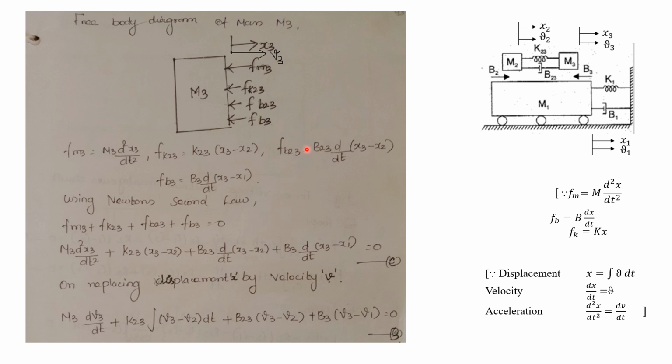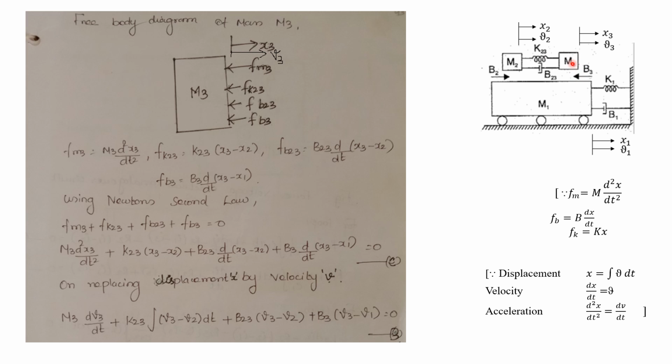Now what about B23? B23 is connected between M3 and M2. Okay. So B23 into d by dt of the difference in displacement, that is x3 minus x2, because we are writing the equation for M3, so x3 should come first, next x2. Now what is Fb3?